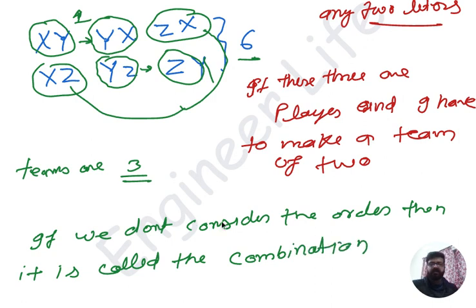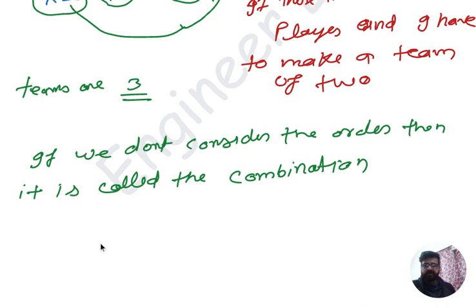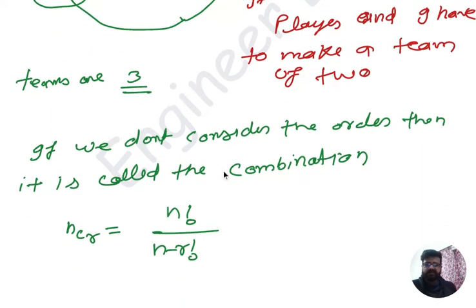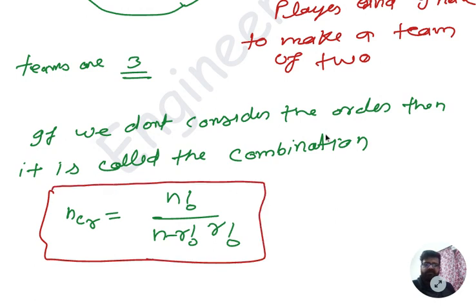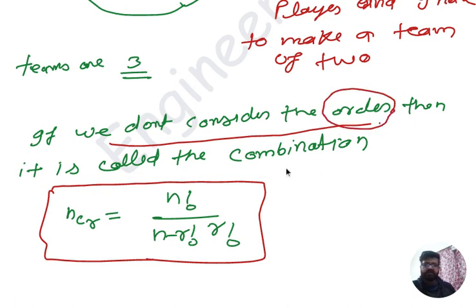It is represented by nCr, and the formula will be: the permutation formula was factorial n divided by n minus r factorial. As you can see, there are 3 combinations here, so we will divide it also by factorial r, and this is the formula of combination. So keep in mind, we don't consider the order in combination.